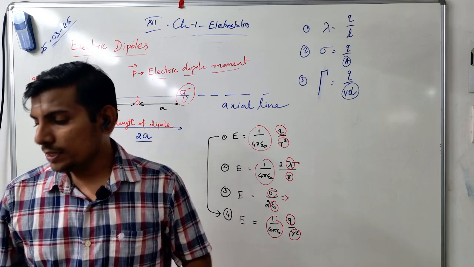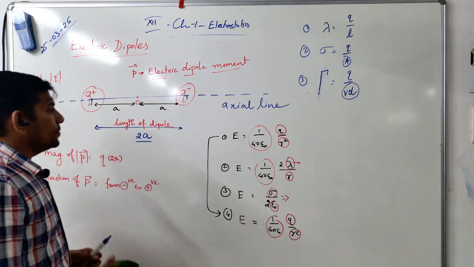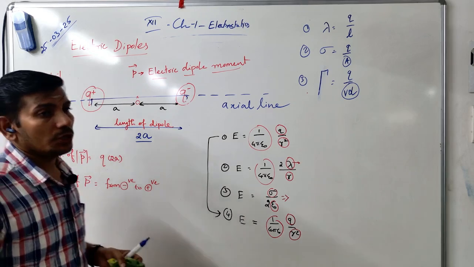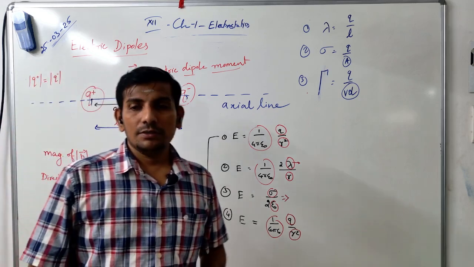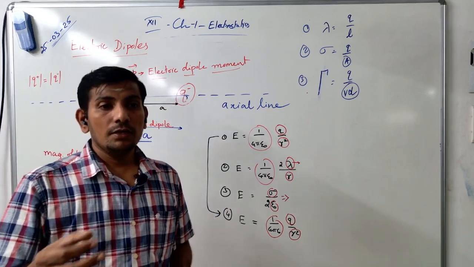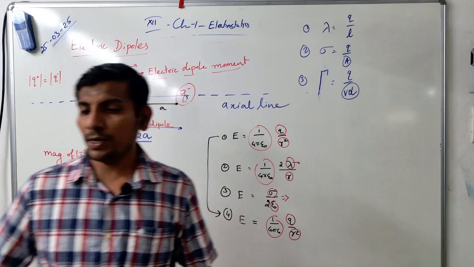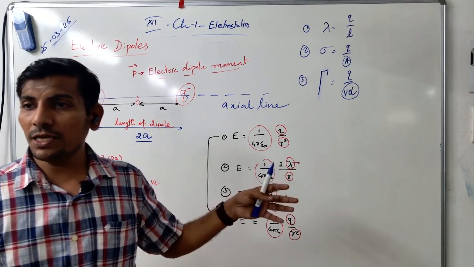Got it, sir? Okay. Now, if I ask you to describe the unit and dimensional formula of dipole moment, can you write the unit and dimensional formula of the dipole moment with already pre-existing information?